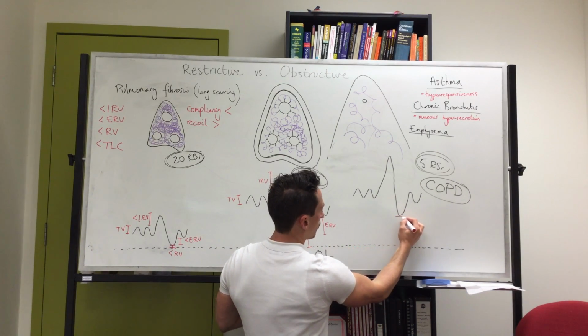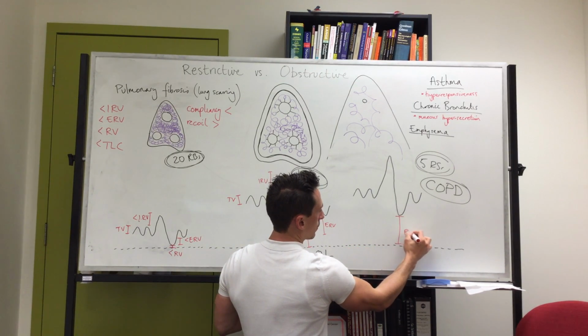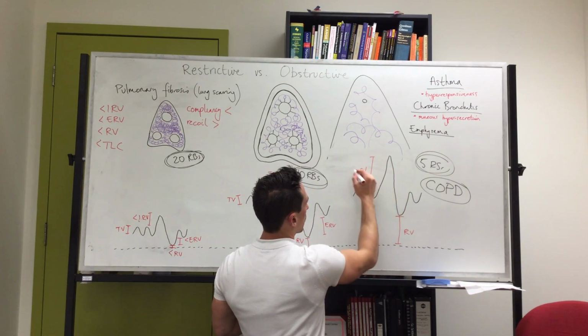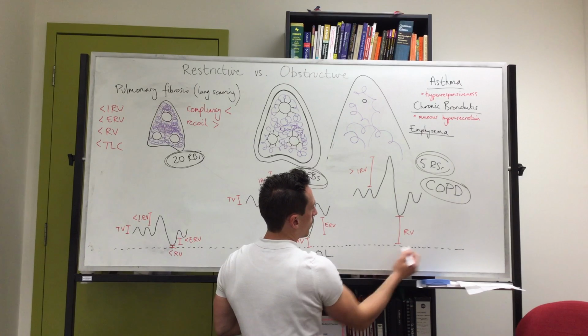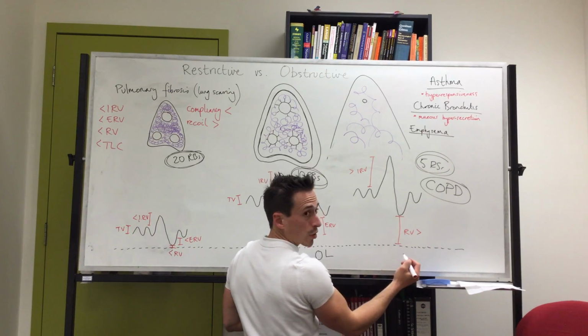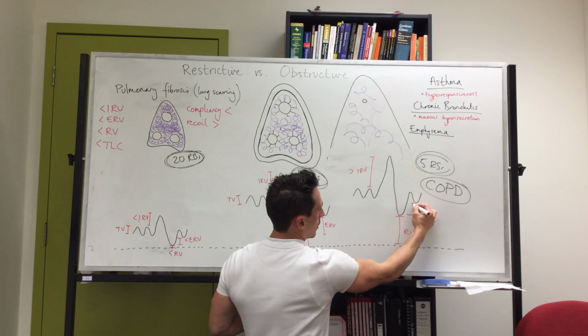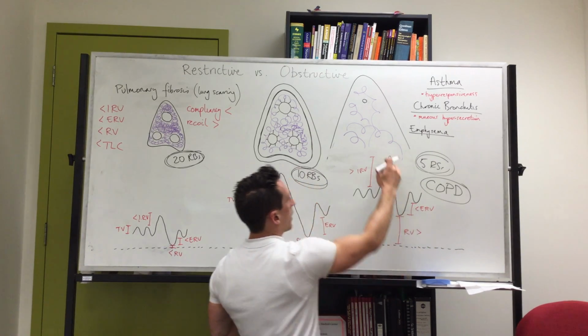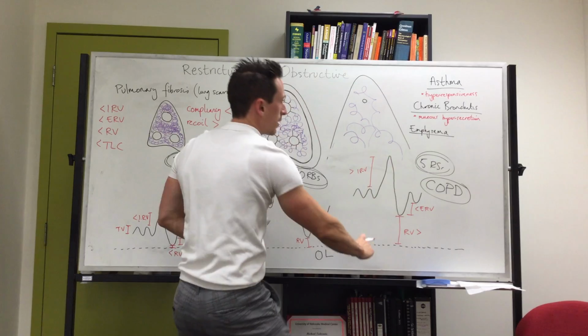And the residual volume is going to be quite high. So increased inspiratory reserve volume, increased residual volume, decreased expiratory reserve volume. And what about the entire total lung capacity?